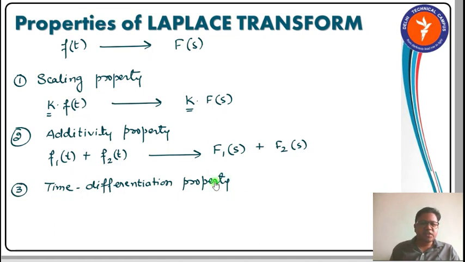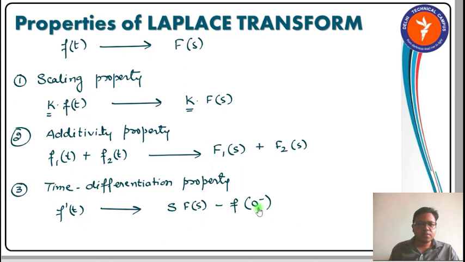This property says if the Laplace transform of f of t is F of s, then the Laplace transform of its derivative will be given as sF(s) minus f of 0 negative.